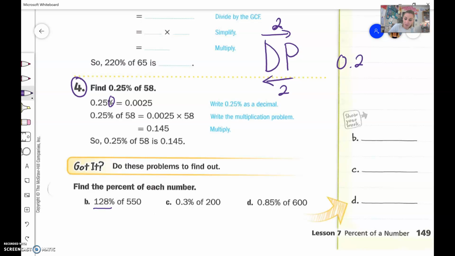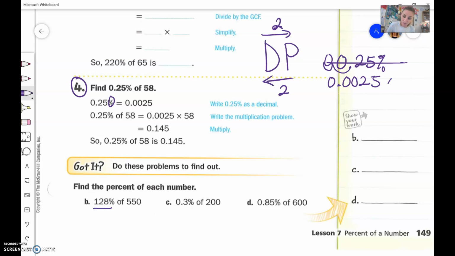So if I have 0.25 and I'm moving it from a percent to a decimal, I'm going to move it 2 places to the left. 1, 2, annex a 0. 0.0025. I have now gotten rid of the percent. I have turned that from a percent to a decimal.